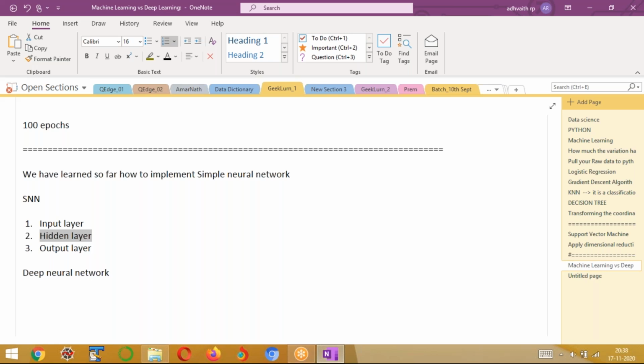Not directly. That means in machine learning, your weights help us to calculate the predicted values. But here, not just with one direct set of weight values, you are adding hidden layers in between the input and hidden layers, and in between the hidden layers and output as well.